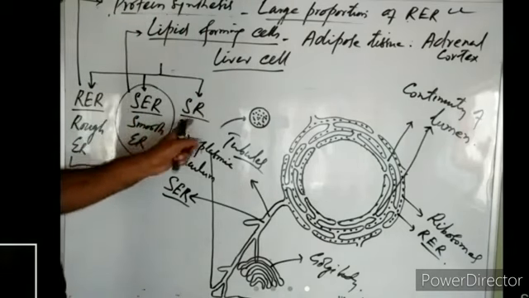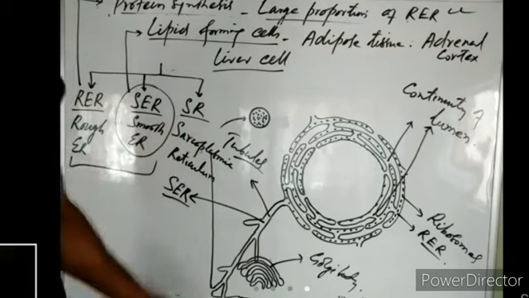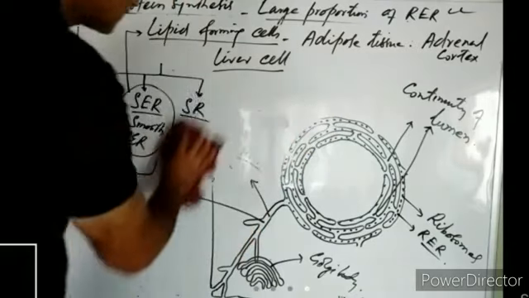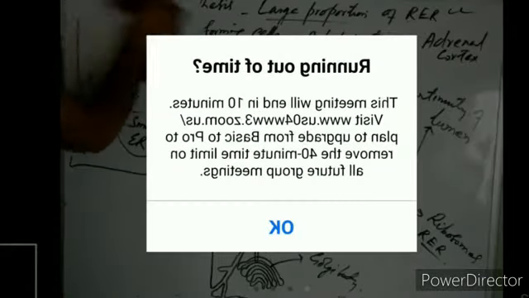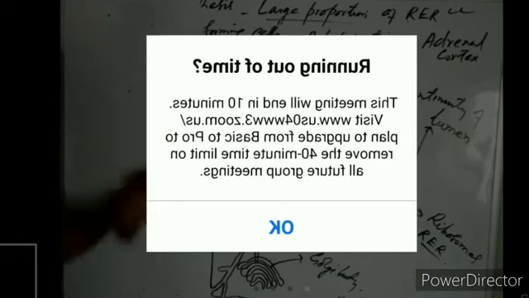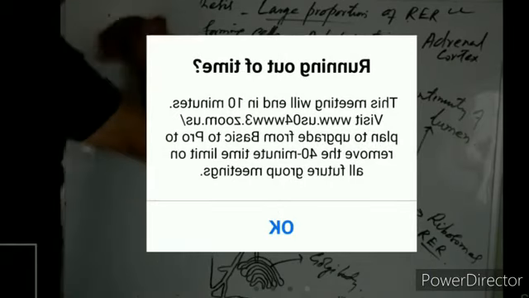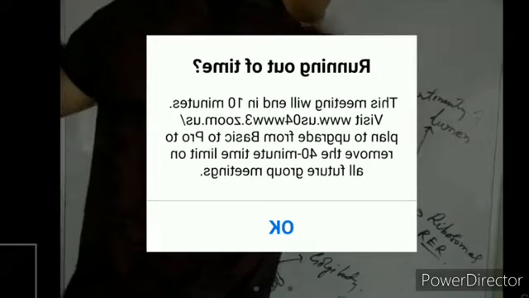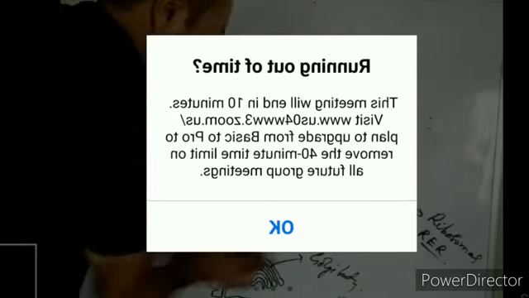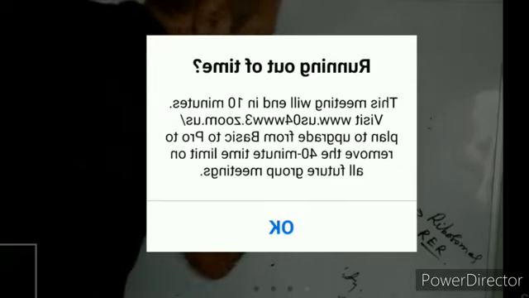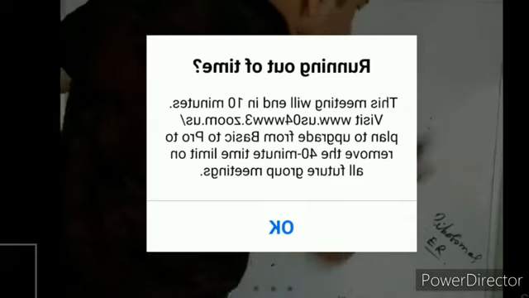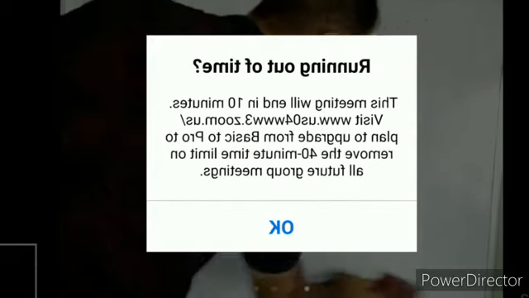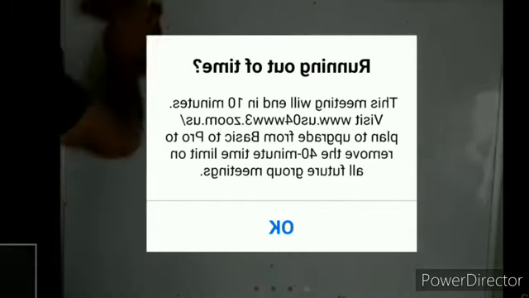Then we have got the third type of ER, known as sarcoplasmic reticulum. Where we find this sarcoplasmic reticulum? We will discuss that now. Sarcoplasmic reticulum is a modified endoplasmic reticulum. It is not found in all cells. It is found in some special cells.